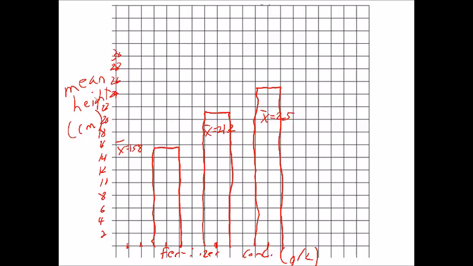Now, to do the 95% confidence interval, a 95% confidence interval basically says if you start with a mean and you go up 2 standard errors of the mean from that mean, and you go down 2 standard errors of the mean from the mean, you've created this interval between which you can be 95% sure that the true population mean can be found.